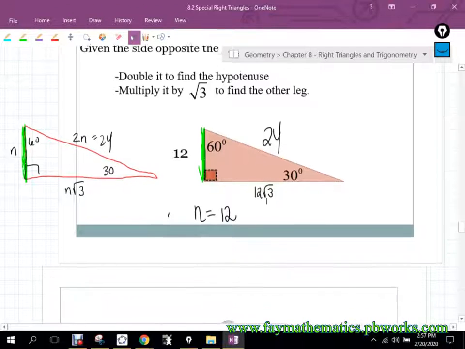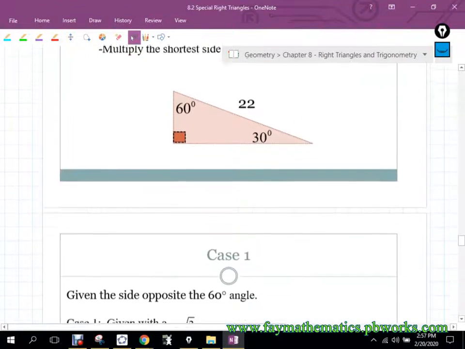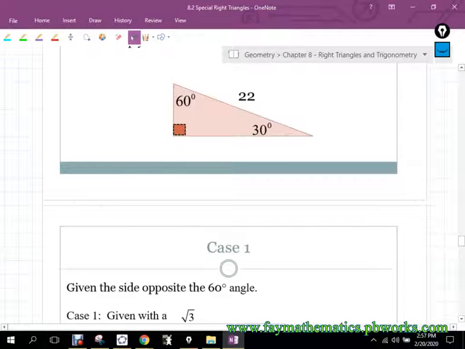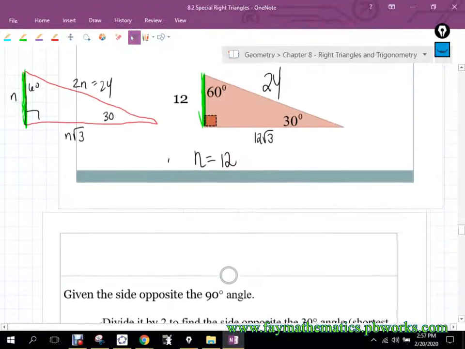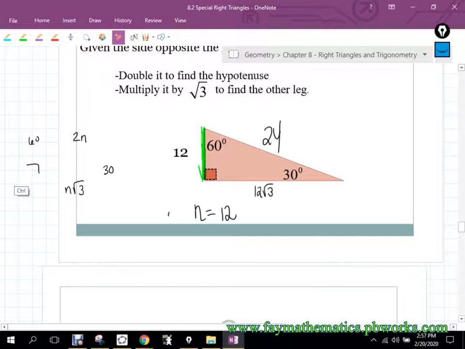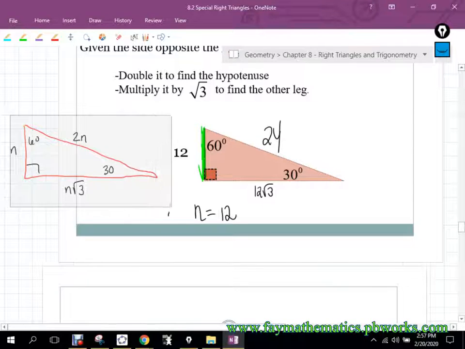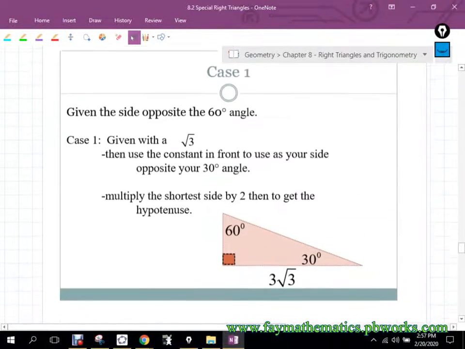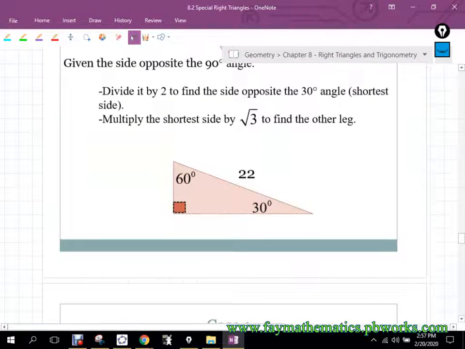Now, like I said, that's the easiest route. They could give you the exact same information differently. I'm just going to, to make things a little bit easier for myself, cut and paste this triangle.